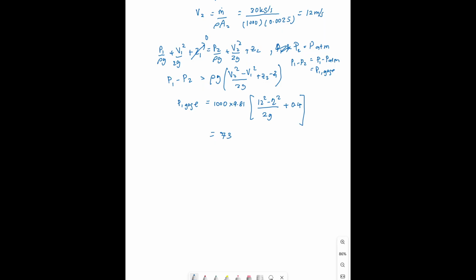So we get the gauge pressure at the inlet equal to 73,900 newtons per square meter.